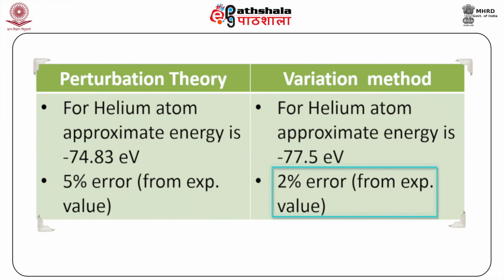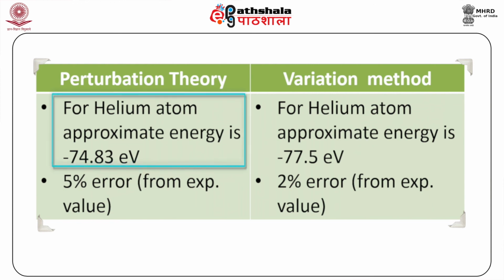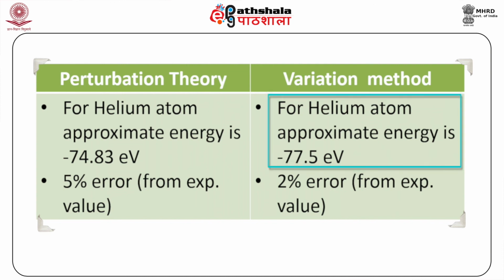This result indicates that the variation method provides a fairly good route for solving complex quantum systems. Also, as we are already familiar, for helium atom the approximate energy obtained from perturbation theory is minus 74.83 electron volt, and the value that we have obtained just now from variation method is minus 77.5 electron volt.